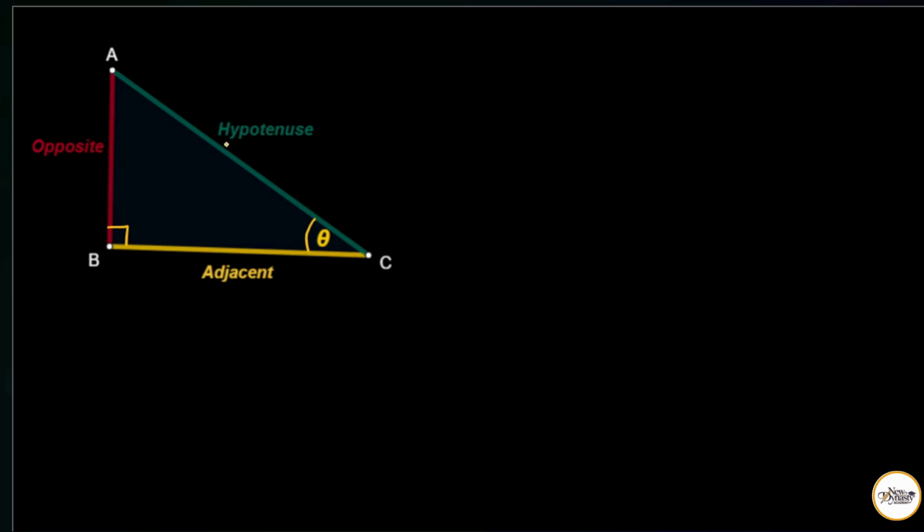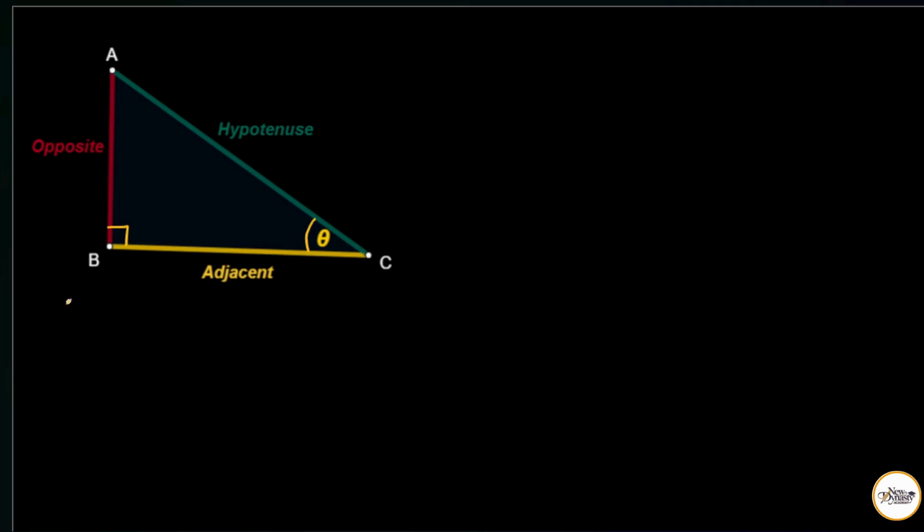Now that you are able to identify the sides of the right angle triangle, you should know something that is called a ratio. A ratio of the sides. In this case, we've got side opposite, adjacent, and hypotenuse. Now, let's write the ratios of these sides.